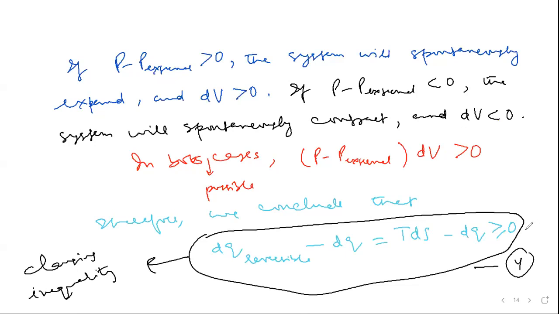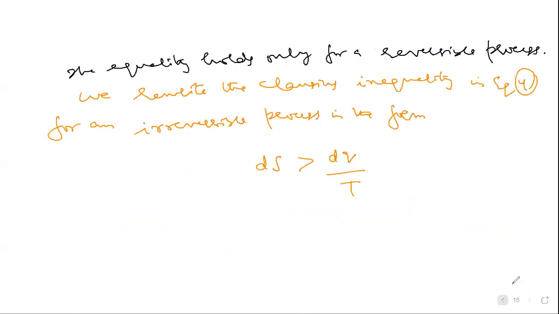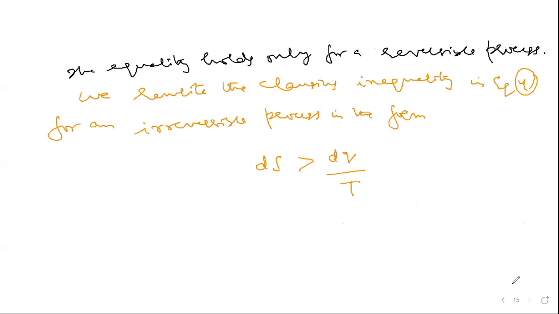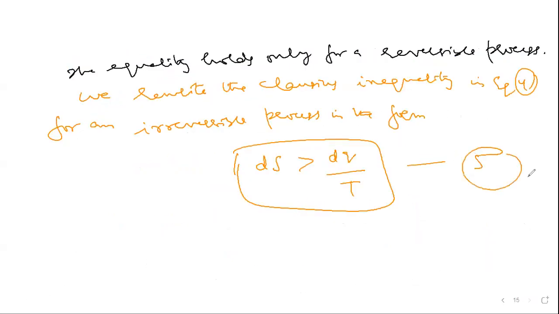What you get, dq is less than TdS, or you can write dq by T is less than dS, or dS is greater than dq by T. Let me name it equation 5. Right?